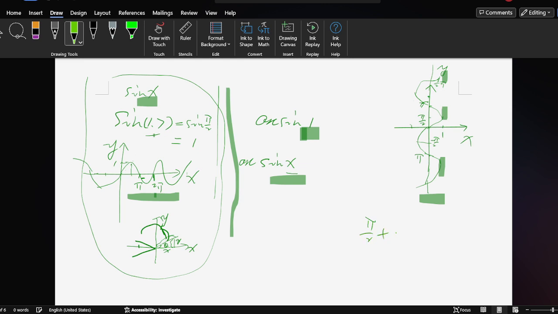Pi over 2 plus 2 pi equals pi over 2 plus 2n pi, where n is a natural number. Okay, this one. We can only take 1. The maximum is 1. So the value only comes from here. This is called the domain of this function. So we cannot take, for example, 10. No, we cannot take 10 because it's not in the domain.